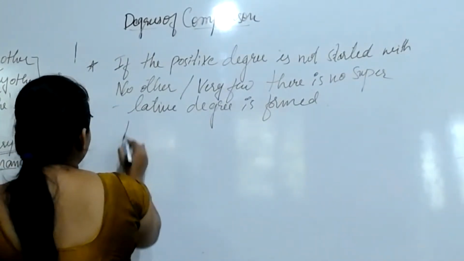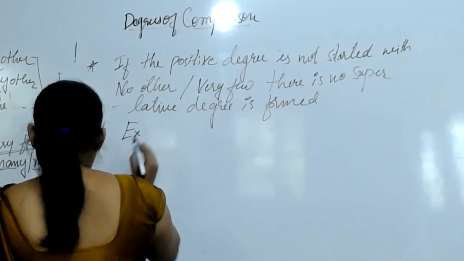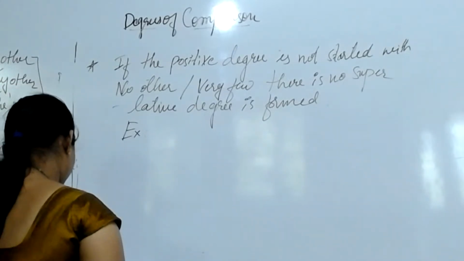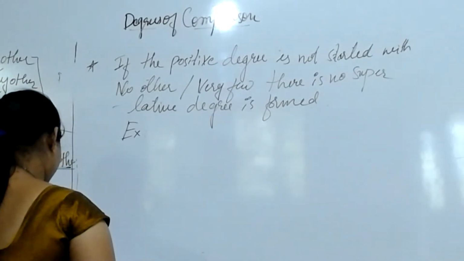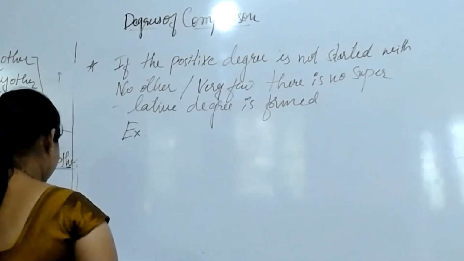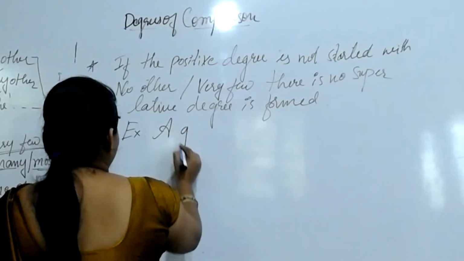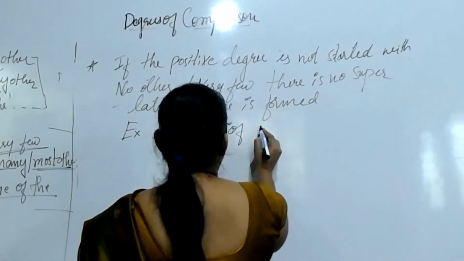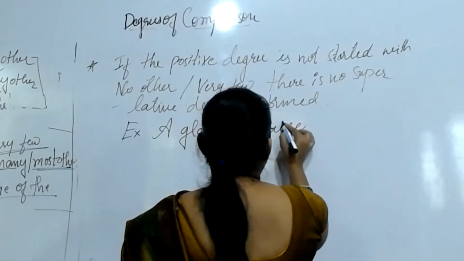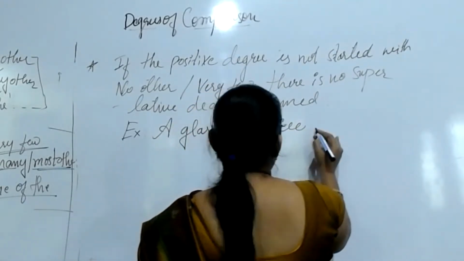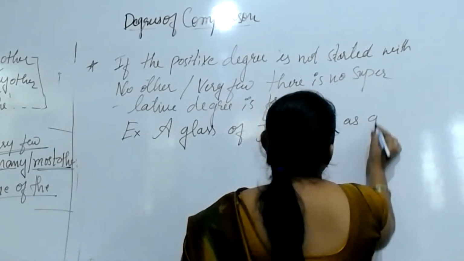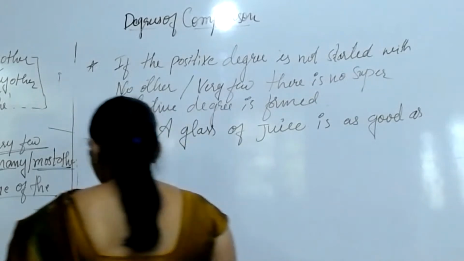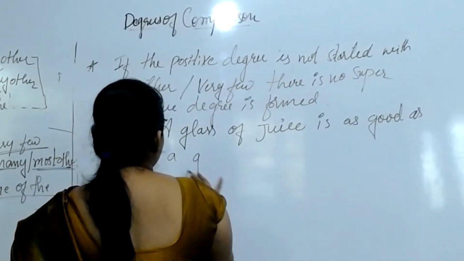So, for example, a glass of juice is as good as a glass of water.